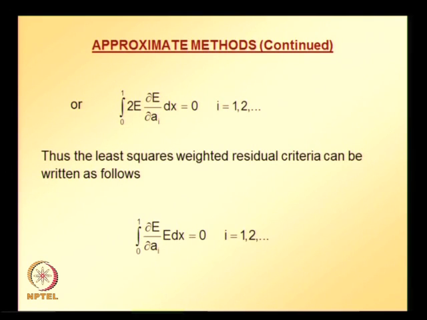So the least square weighted residual criteria can be written as integral 0 to 1 of the partial derivative of E with respect to A times E dx is equal to 0. So this is the least square weighted residual criteria, and whatever statement I made earlier can be revised based on this equation.